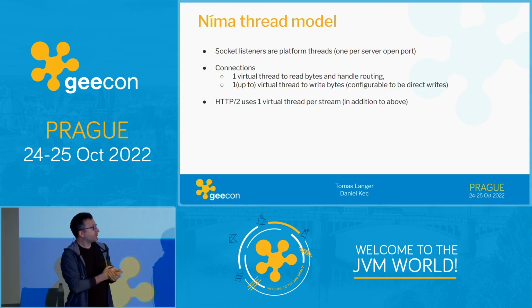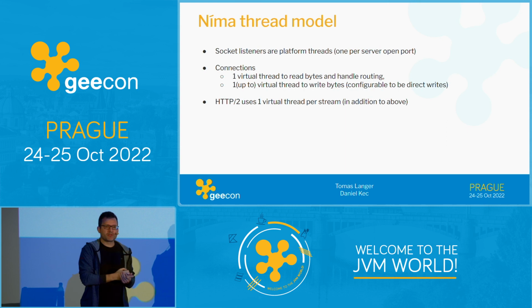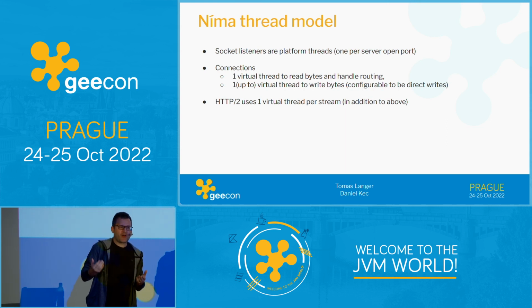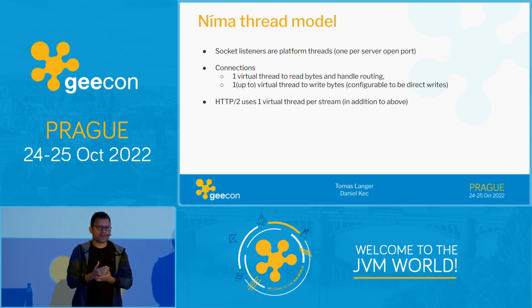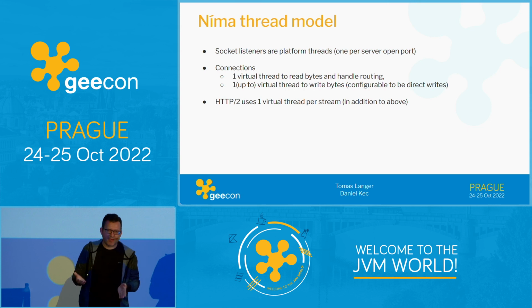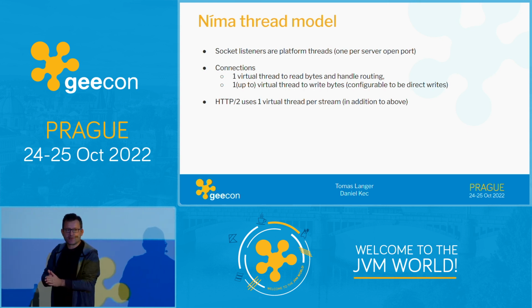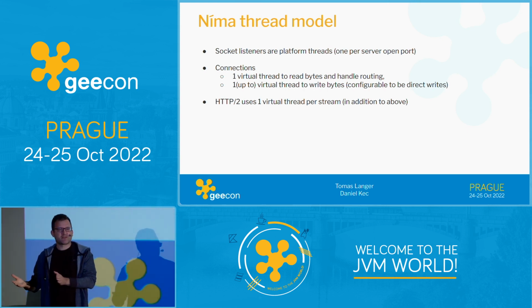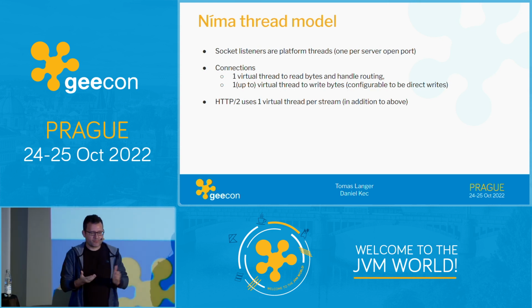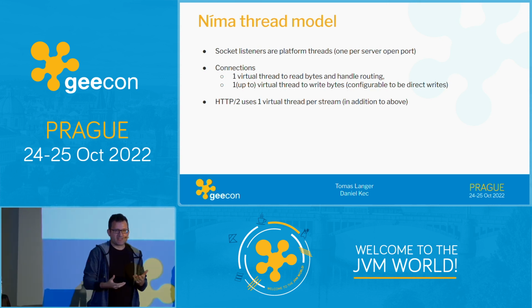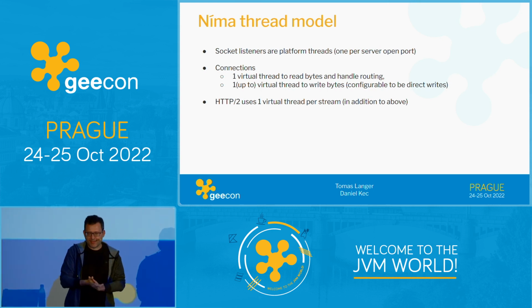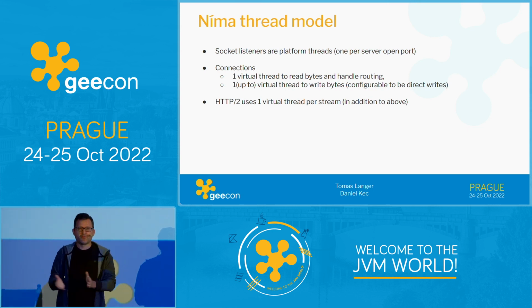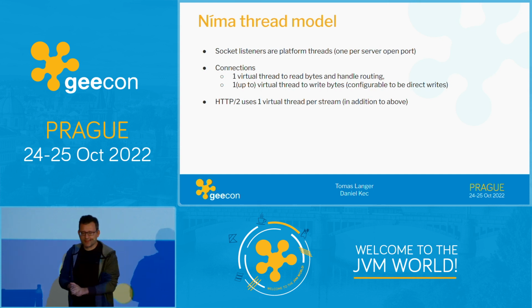There is a configurable option to also have an additional virtual thread for writes, because we found out that under high performance scenarios, for example, when you use HTTP 1 pipelining, it's actually faster if you write the responses asynchronously. So you can enable that. By default, it's disabled because it's actually easier to handle, and you have also nicer thread dumps. So it's only really if you need those 4 million requests per second, then you can enable it.